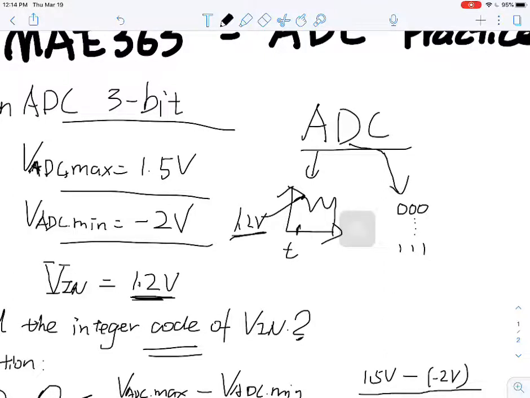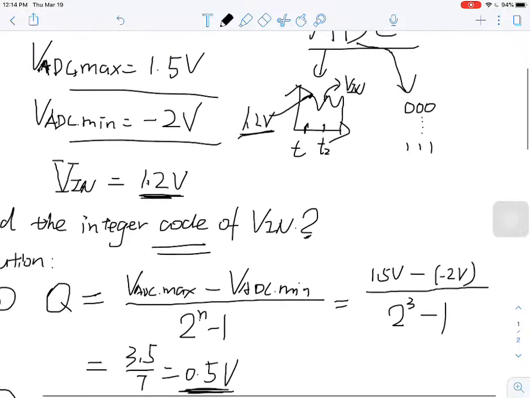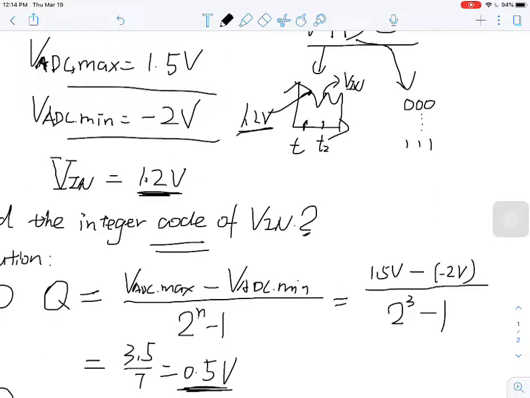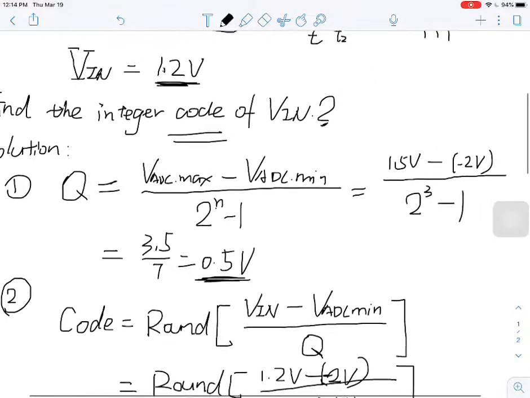I think you are able to do it as long as you find the next sample point. For example, maybe the next sample point T2 is here, and you have a different voltage V in, then you do the same thing, find the corresponding binary code for this V in. And then you are able to plot both analog and digital voltage signal.